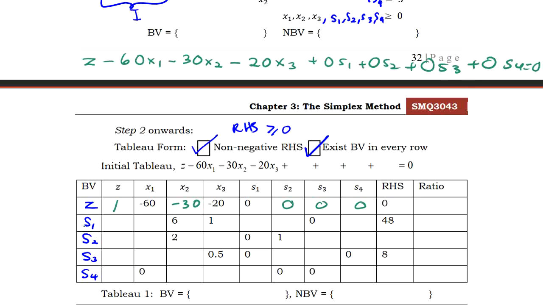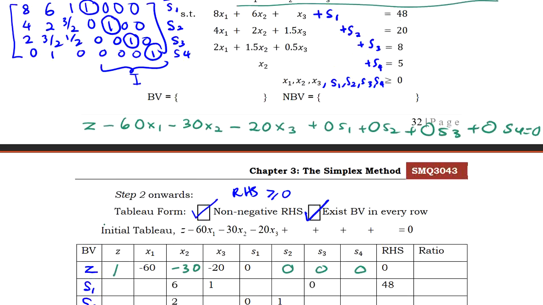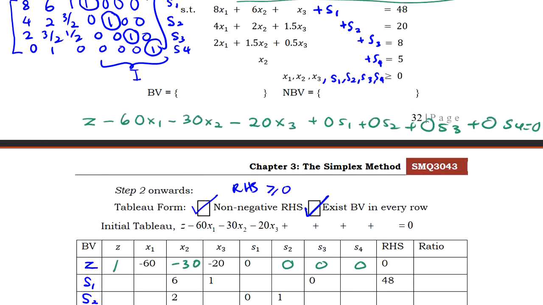For row 1, we look at the constraint. The coefficient is 8 for column x1, and 0 for column Z because there is no z in this constraint. So 8, 6, 1, and then 1, 0, 0 equals the right hand side 48.